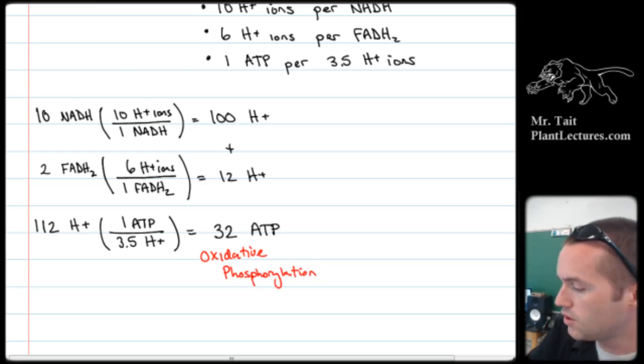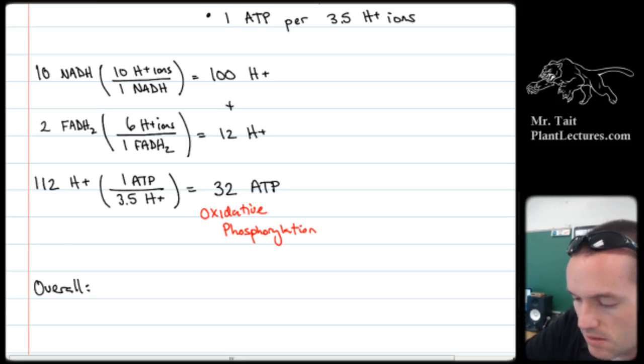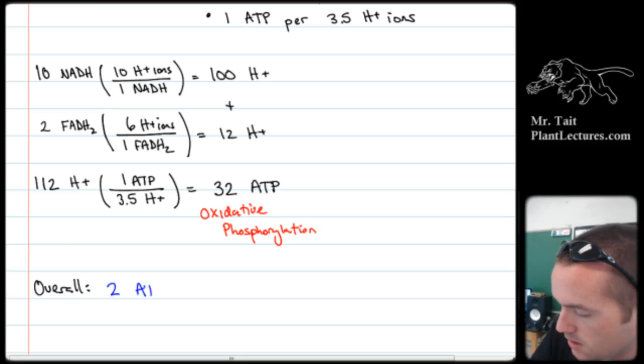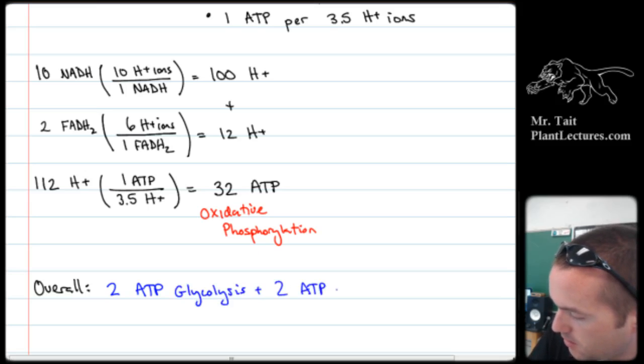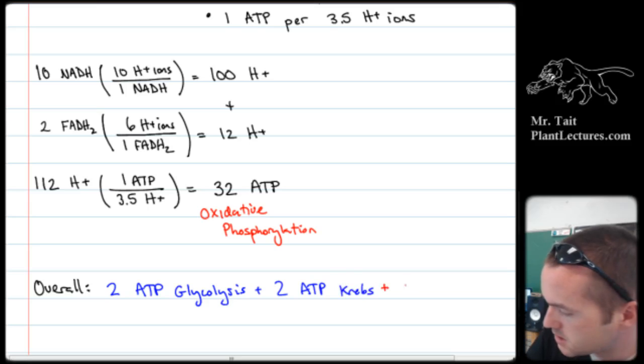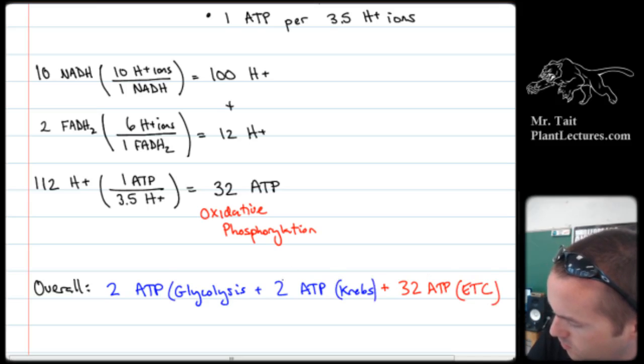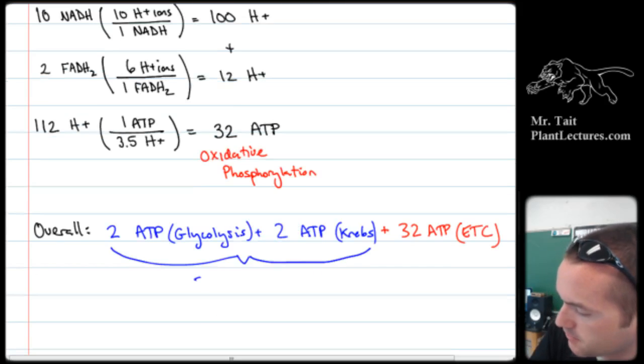Right? So overall, we've got 2 ATP from glycolysis plus 2 ATP from Krebs plus 32 ATP from ETC. The blue ones on here, this is substrate level phosphorylation.